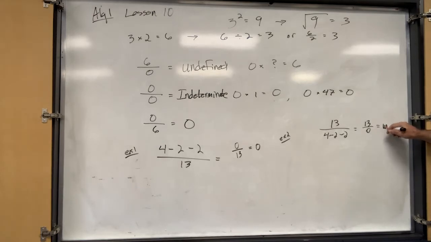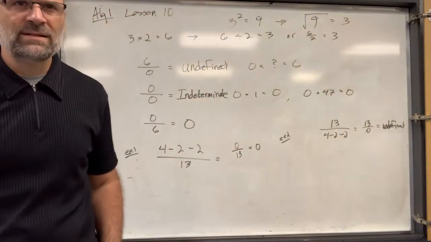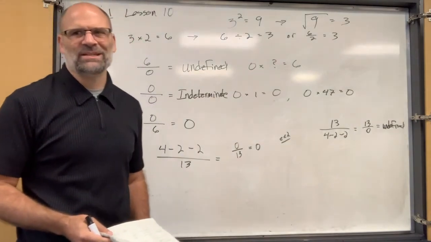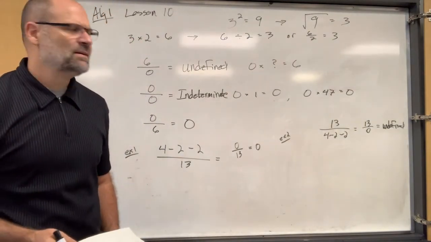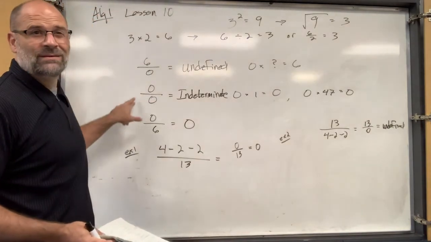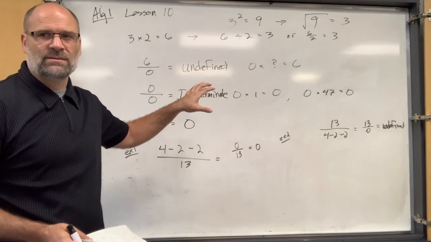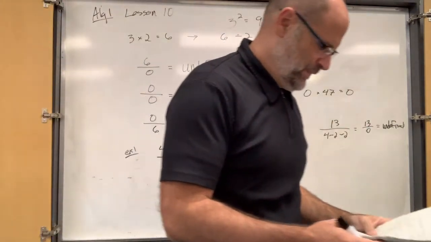And so that's just any number besides 0 divided by 0 is undefined. Okay? Does that make sense? It shouldn't make sense, but does it make sense? Okay, and can you guys figure out when to write undefined and when to write indeterminate? Does that make sense? Okay, good.